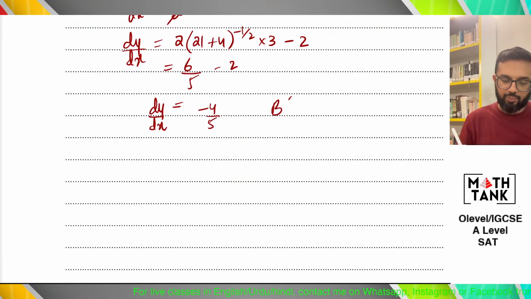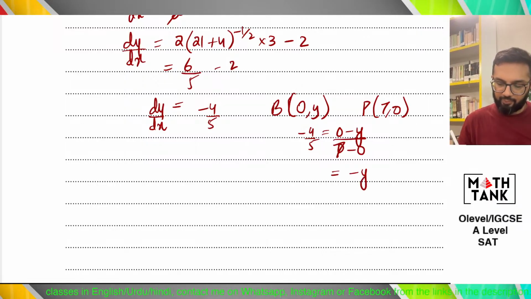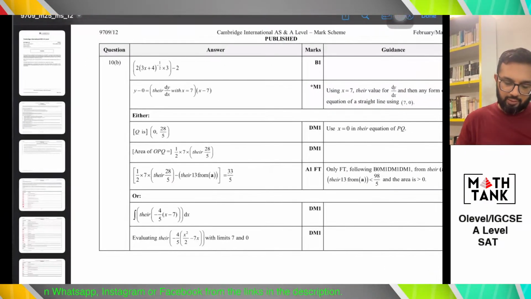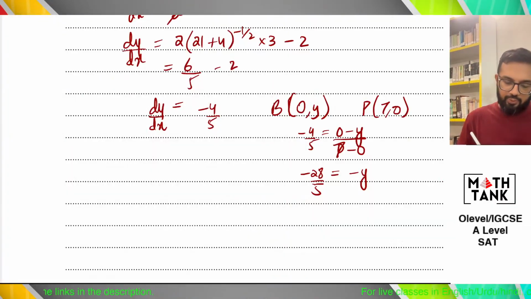If Q has the coordinates 0, y, with P being 7, 0, then I can say that y2 minus y1 over x2 minus x1. I just want to check if the coordinates are correct. Yeah, I think that's correct. So half base into height.